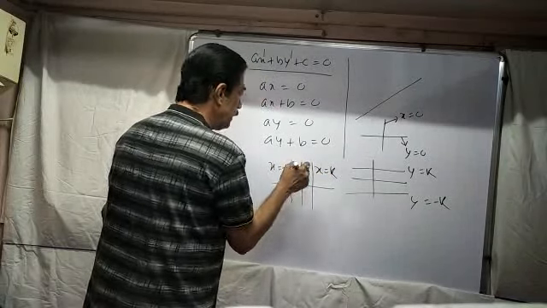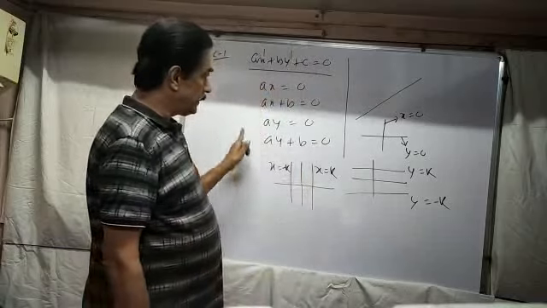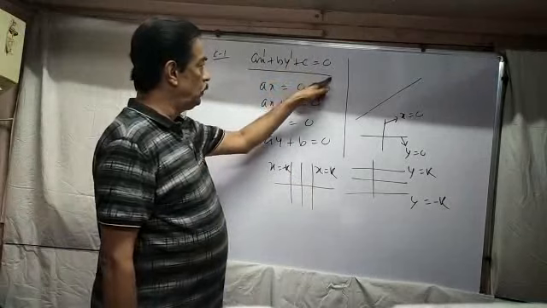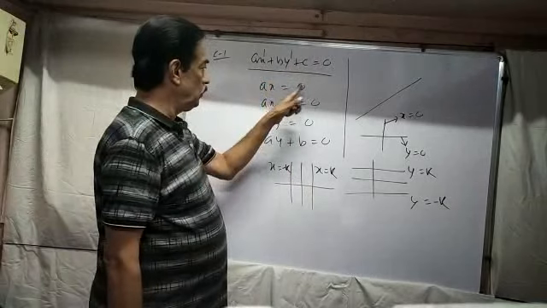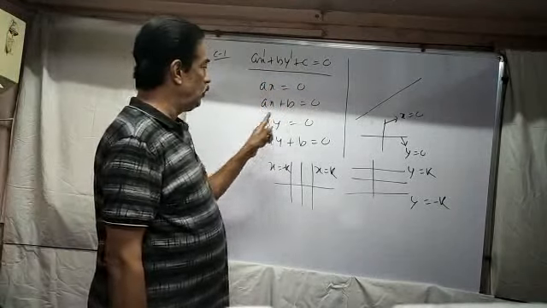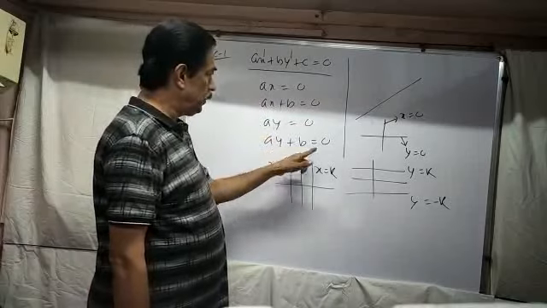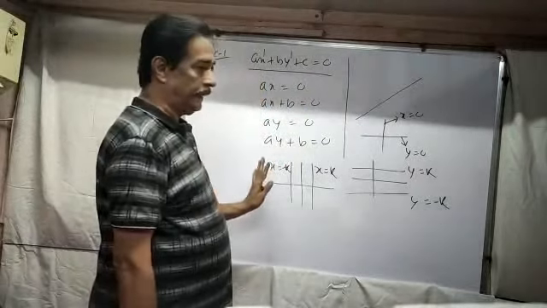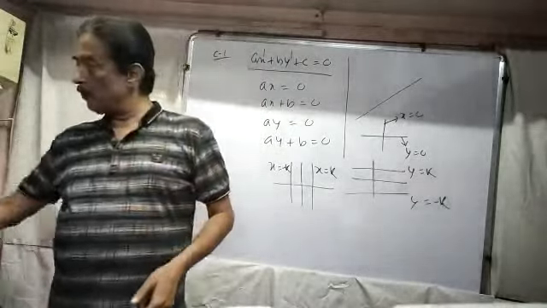These are the standard forms. Remember these. Now ax plus by plus c equal to 0, or ax equal to 0, or ax plus b equal to 0, or ay equal to 0, or ay plus b equal to 0, all indicate the curve known as the straight line.